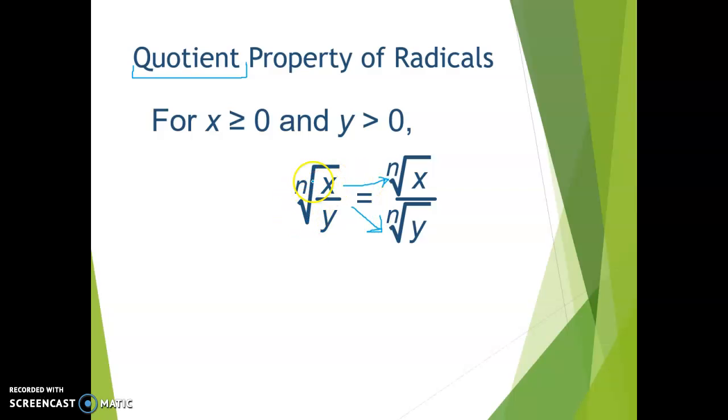So if we're taking the root of x over y, we can separate that into the root of x over the root of y. Or conversely, if we're given two separate radicals, we can rewrite it as one radical with a fractional radicand. So we can go either way. And that is our quotient property of radicals.